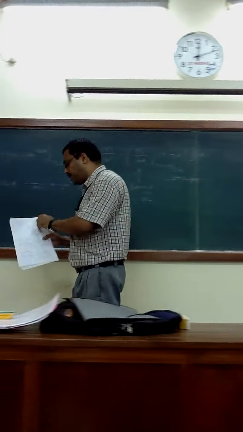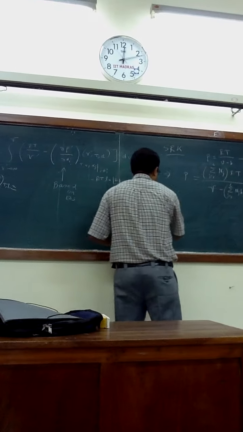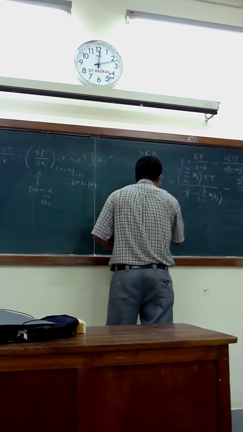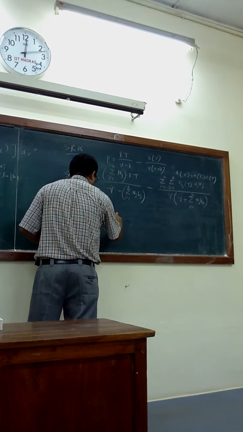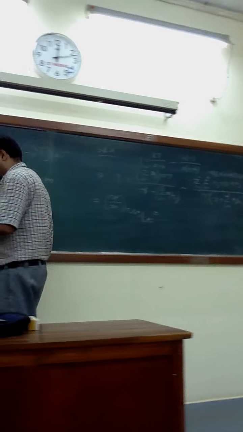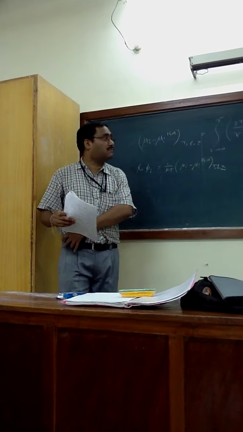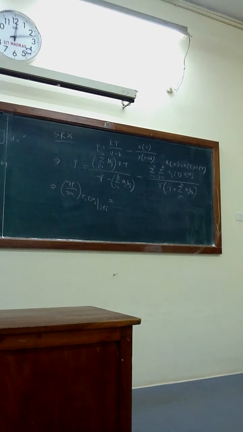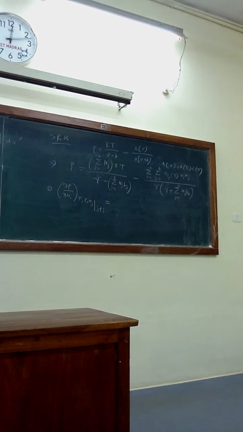Now next step is dou P by dou n_i. You have to calculate dou P by dou n_i at T, V, n_j, j not equal to i. Tell me the expression. It will take some time for you because some new terms are there. Only the first term is okay. The second term is something new. So what is the second term?